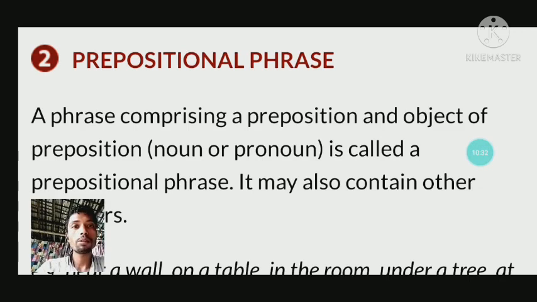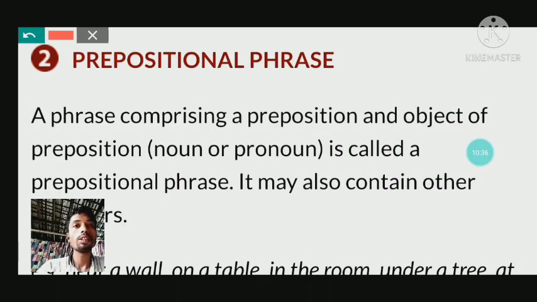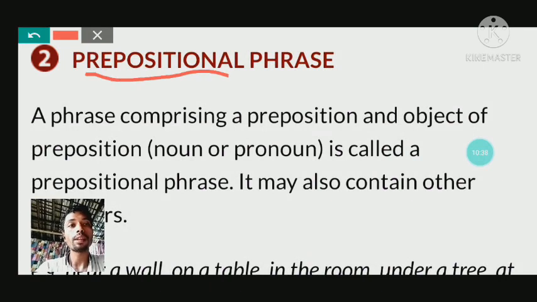Now we'll be learning about prepositional phrase. So what is a preposition? You know, I think. Yes or no? You can see on the screen, I used it here already. Can you see? Okay, prepositional phrase: a phrase comprising a preposition and object of preposition.